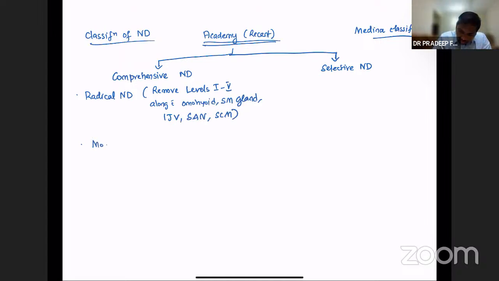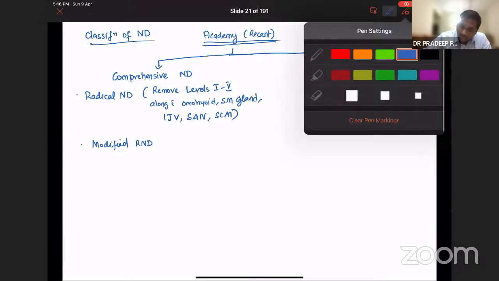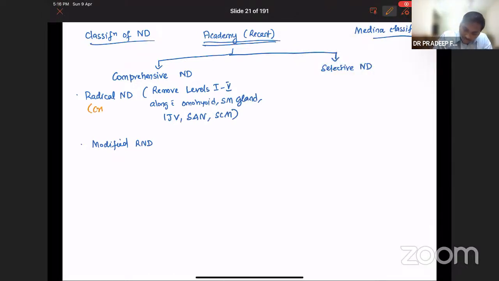Then you have a modified radical neck dissection. This radical neck dissection is given by the name Crile's neck dissection. This modified is given by the name Bocca. He is the one who devised the modified neck dissection.